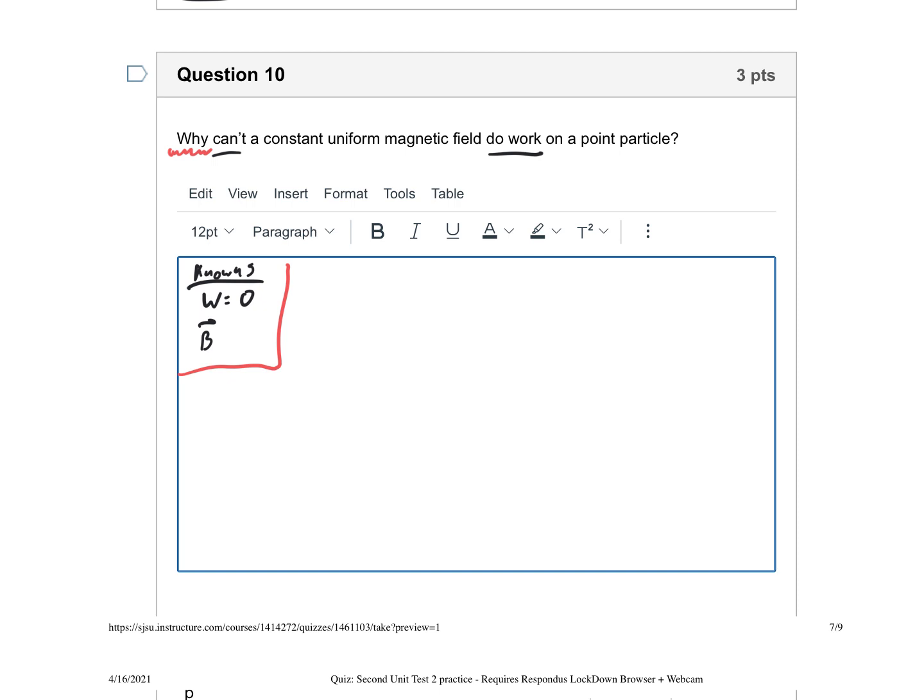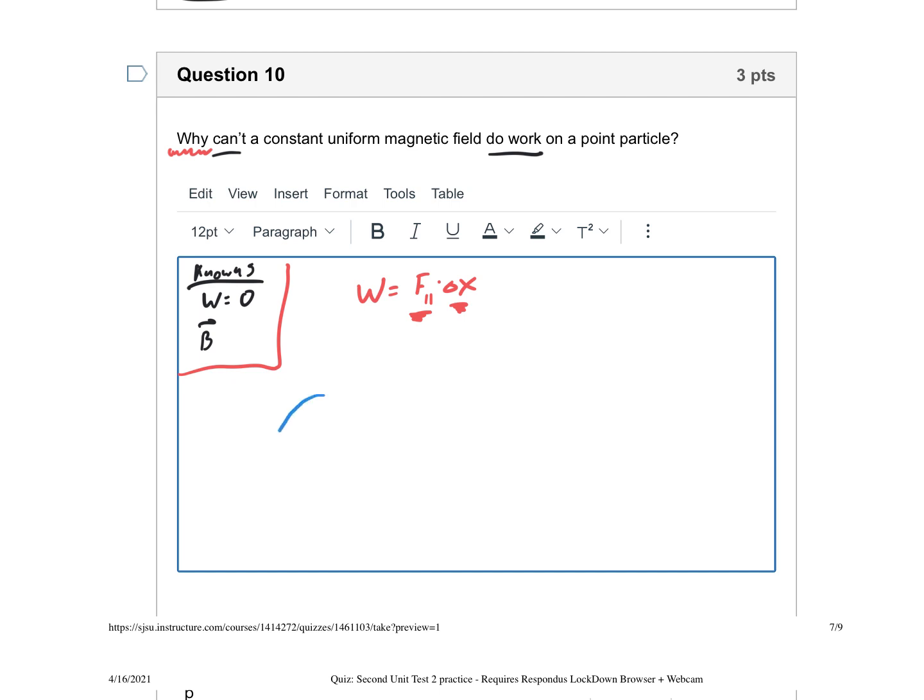Okay, so work done is equal to the force that is parallel to some motion multiplied by each other. Which means that you only have work done if the force is at all parallel to the motion.